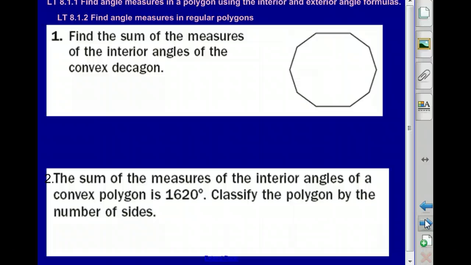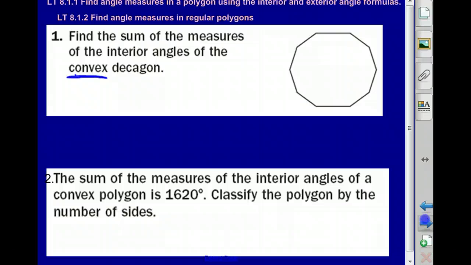Okay, let's do number 1 here. Find the sum of the measures of the interior angles of the convex decagon. A couple of keywords here. Convex, do you remember what convex means? There were two different types of polygons, convex and concave. Convex means that it wasn't going in.